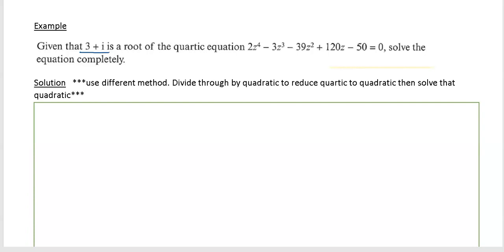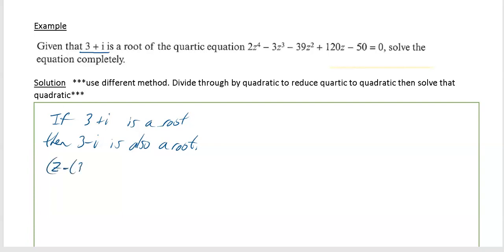So we'll just say if 3 plus i is a root, then 3 minus i is also a root, because they appear in complex conjugate pairs. So that means z minus (3 plus i) is a factor, and also z minus (3 minus i) is a factor.